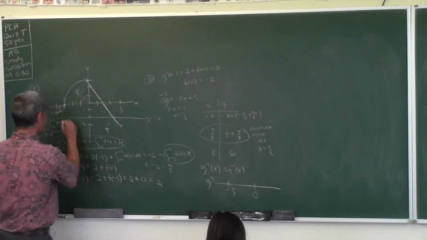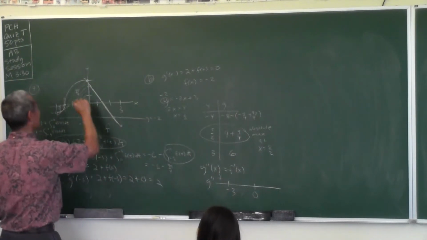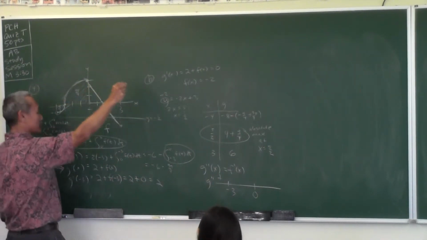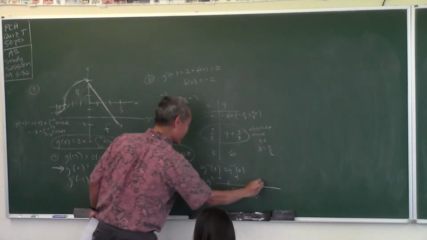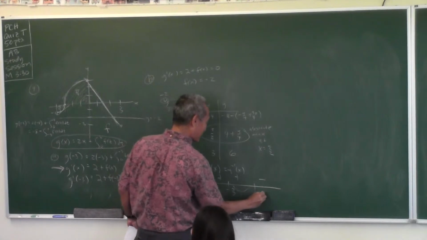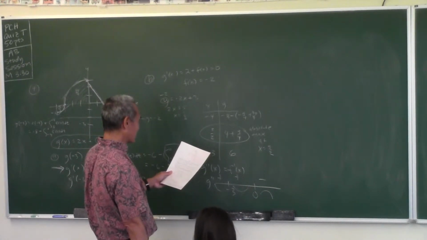Okay, so if the graph is going uphill, the slope is positive. Over here, the graph is going uphill, the slope is positive. The graph is coming downhill, the slope is negative. So it's concave up, concave down. Find the values of x where it has a point of inflection.